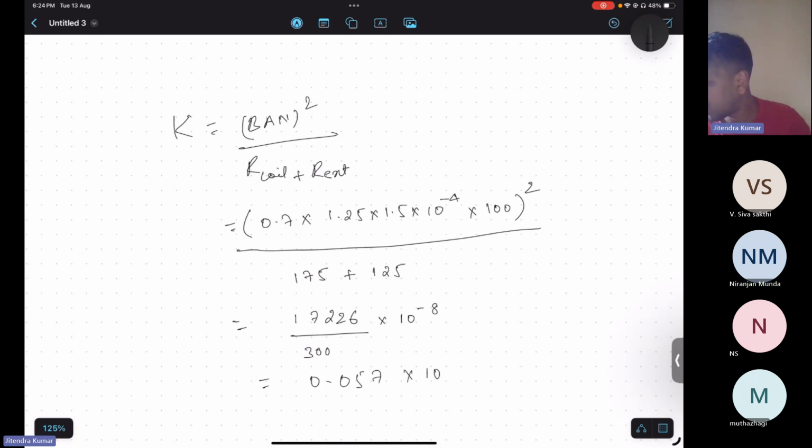So this much you got with the same calculation which I just did, or did you calculate it separately? Okay, 1.73 into 10 raised to power minus 11. It means 173. It is right.